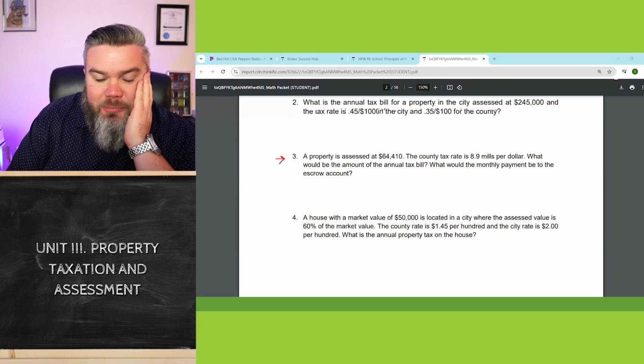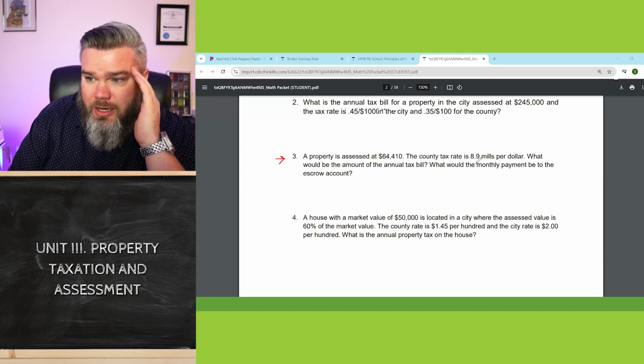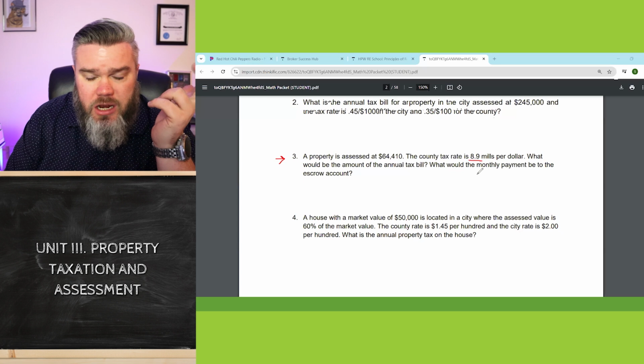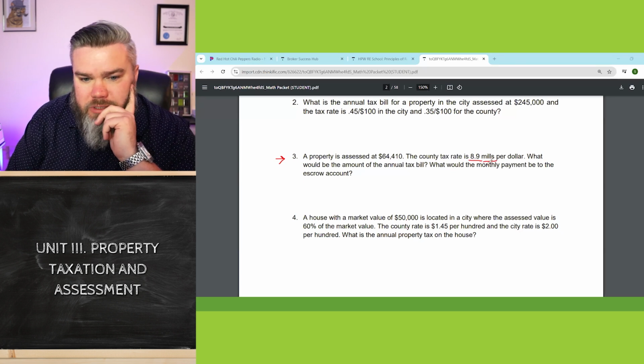All mills is a per 1,000 rate. That's it. So what this is stating is you owe the tax assessor $8.90 per 1,000 of assessed value. That's it.